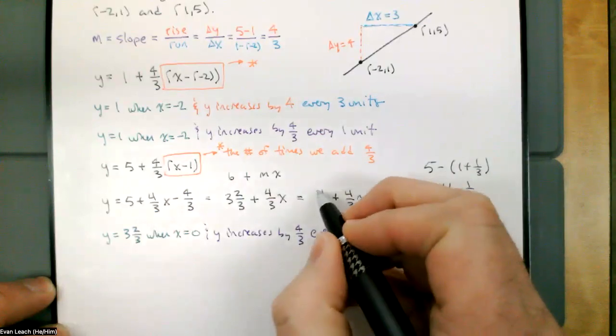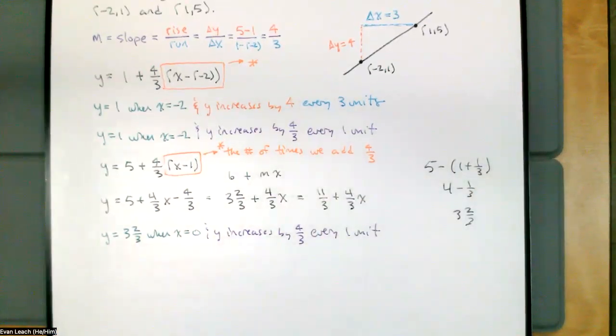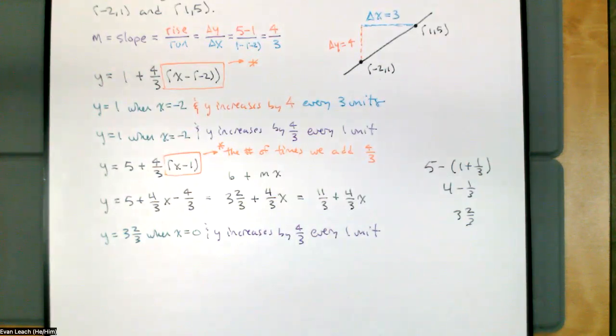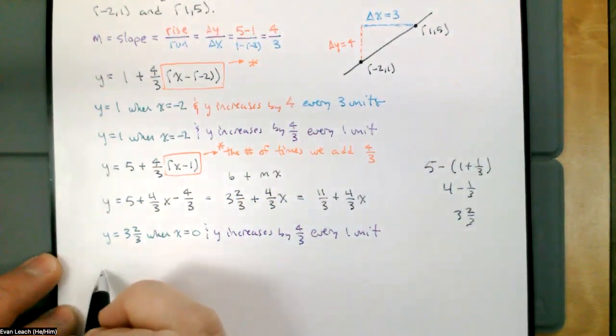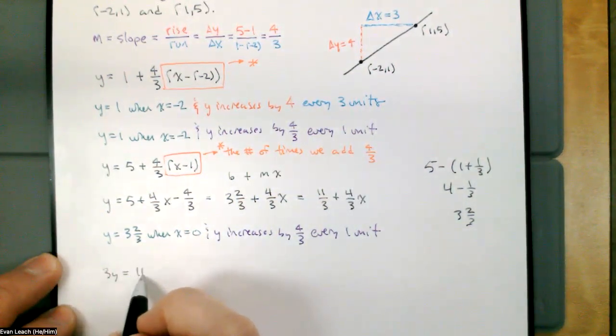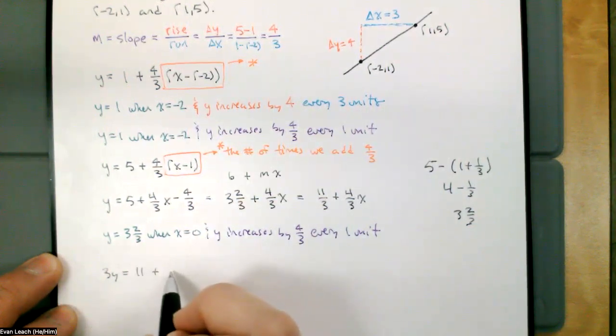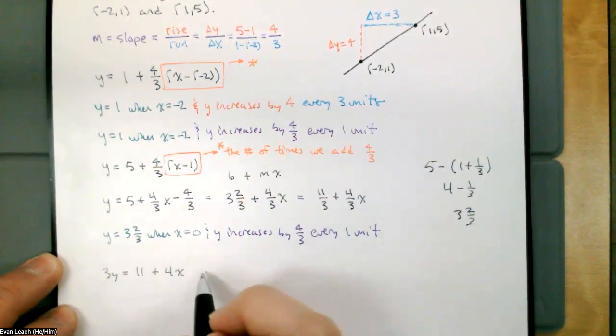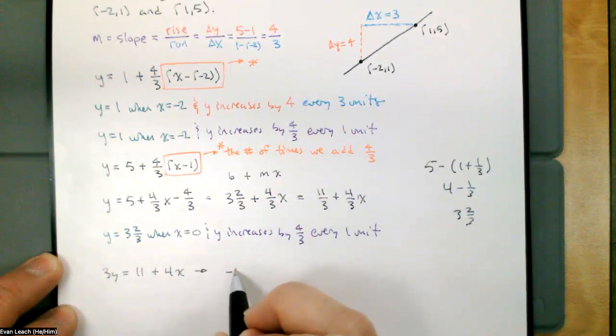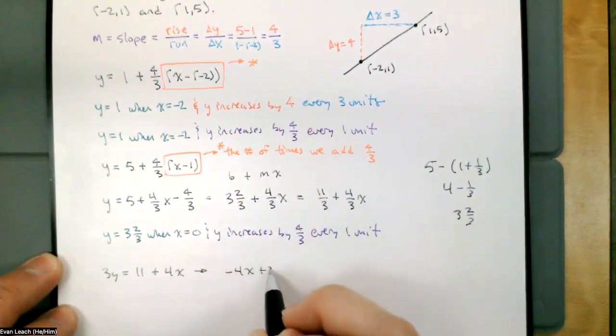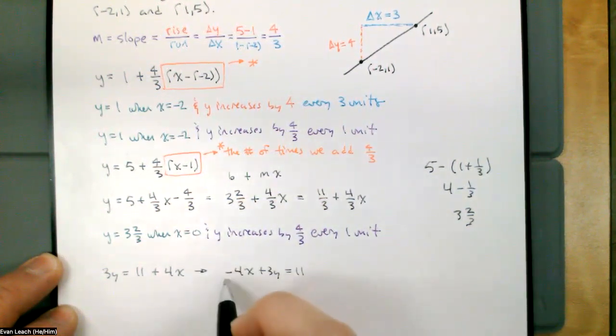So we have another form of this equation. I'm just going to write the 3 2/3 as 11/3. I'm going to multiply by 3 to get the standard form. So I'm going to take 3y is equal to 11 plus 4x. And then I'm going to write it in standard form, minus 4x plus 3y is equal to 11.